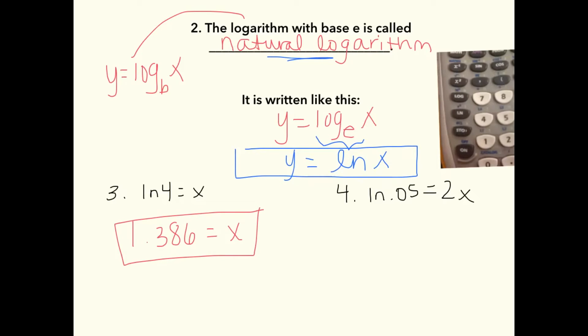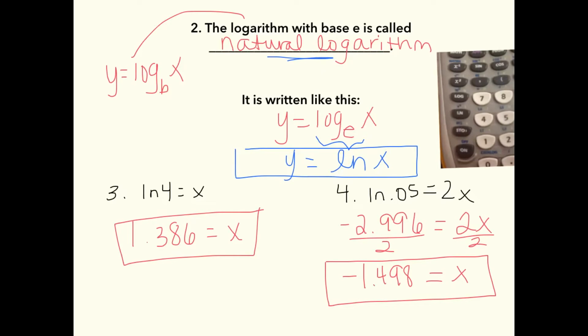Then try putting natural log of 0.05 in your calculator, and you should end up with negative 2.996. And since we're just solving for x here, equals 2 to the 2x, you divide by 2 and you end up with x equals negative 1.498. Make sure you've practiced that in your calculator so you get familiar with that button.